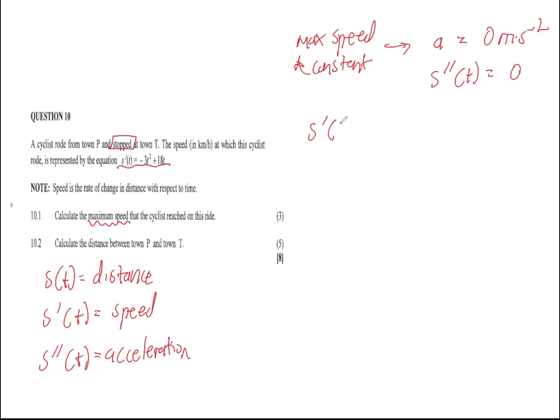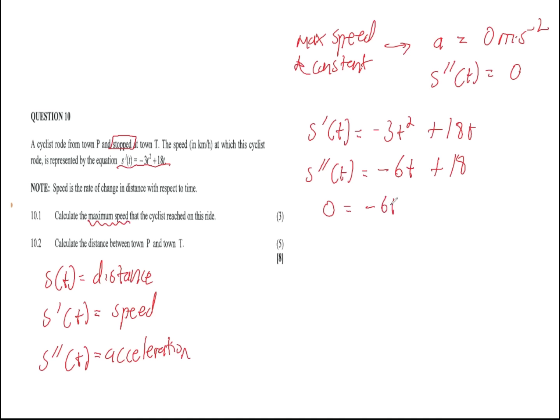Come over to this one and say I am given this speed equation. So the equation to represent the speed, but let me derive it further so that I have the equation to represent the acceleration. So that's -60 and then plus 18. But then acceleration would have to be 0 for me to reach a maximum constant speed.